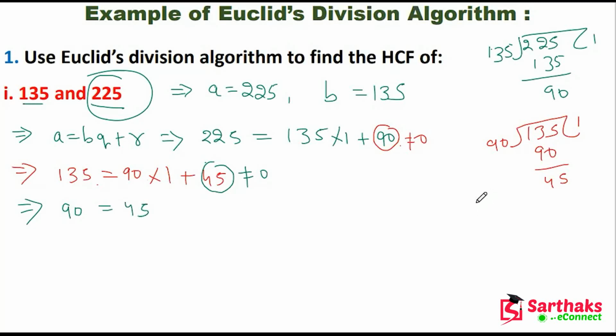Now again we divide 90 by 45. It goes 2 times, and the remainder is 0. The quotient is 2 and the remainder is 0. Now that the remainder is 0, what is the HCF?